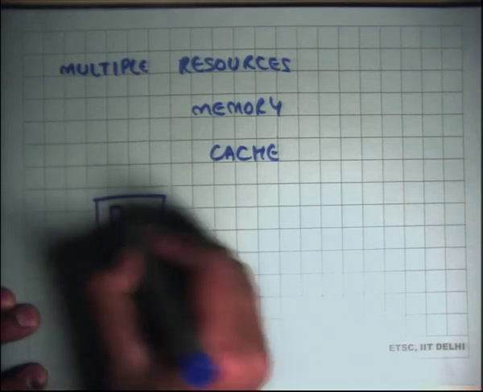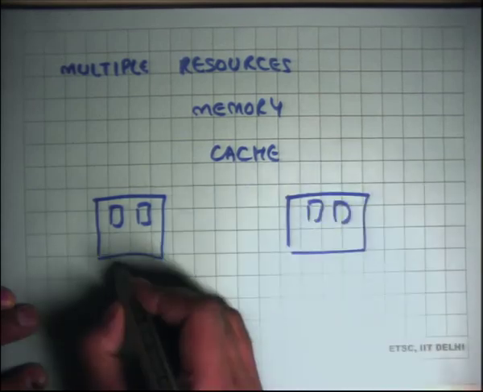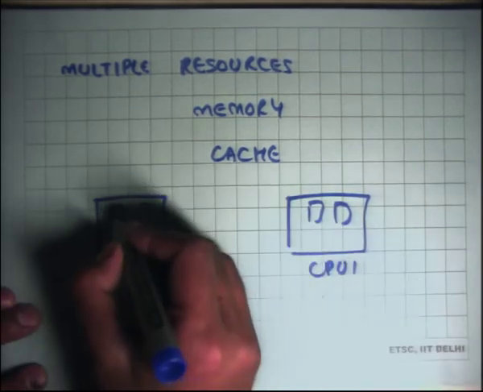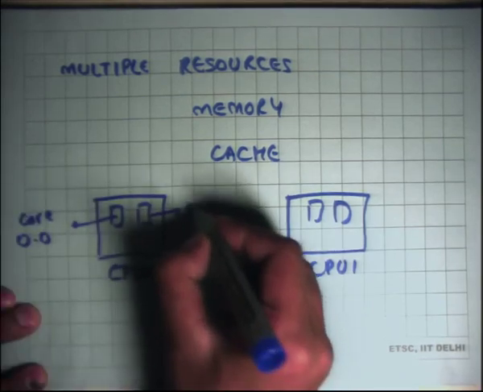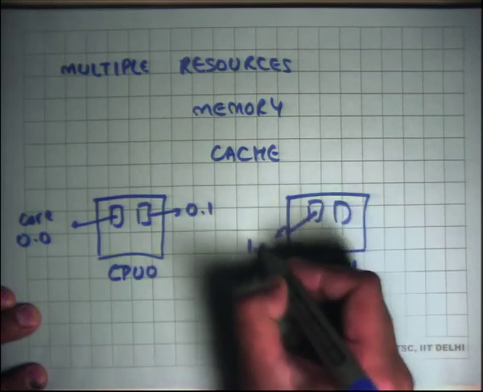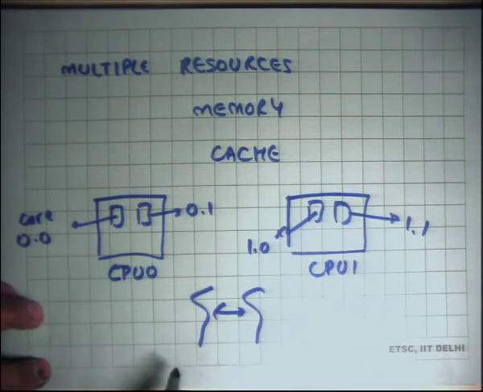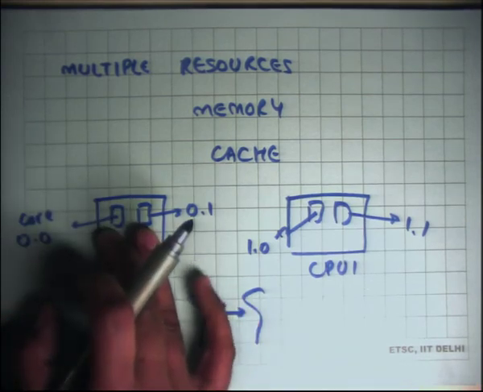These days you get multi-core CPUs. So let's say there are two CPUs which have two cores each. So this is CPU 0, and this is CPU 1, and this is core 0.0, and this is core 0.1, this is 1.0 and 1.1. If there are two processes that have a producer-consumer relationship between them, then it's better to schedule both of them on the same CPU together. Right?